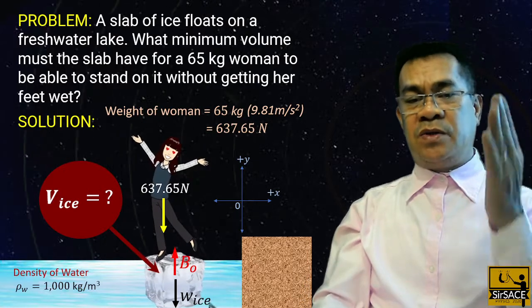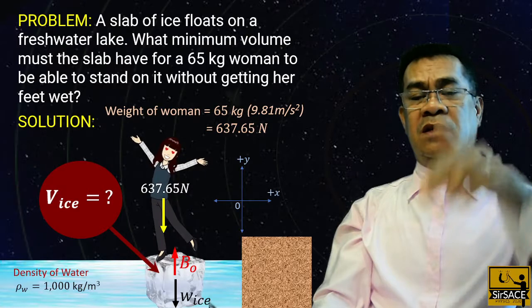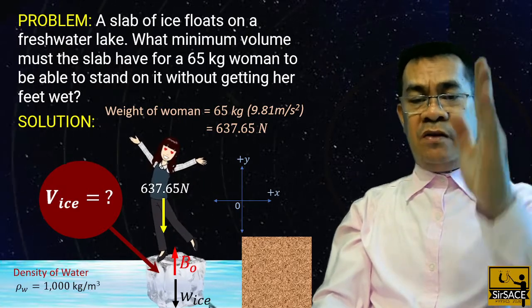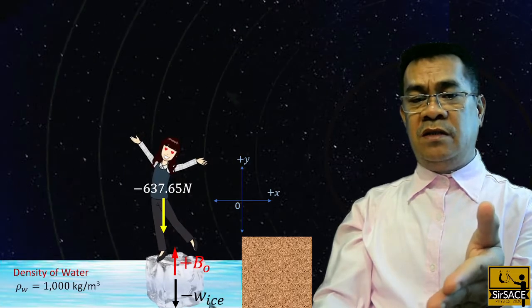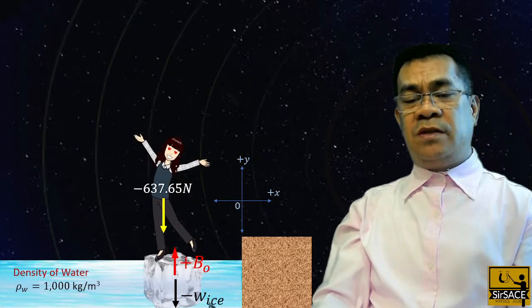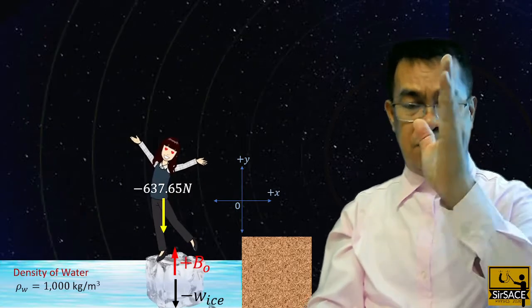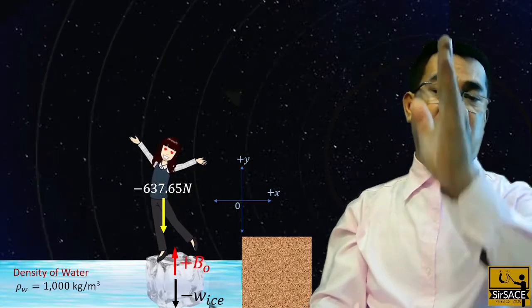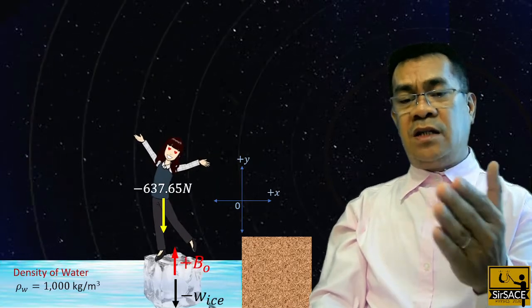Because we orient the Cartesian coordinate system, the weight of the woman should be downward, and the weight of the ice should be downward, negative, but the buoyant force should be positive because it is directed upward. So there are only three forces.